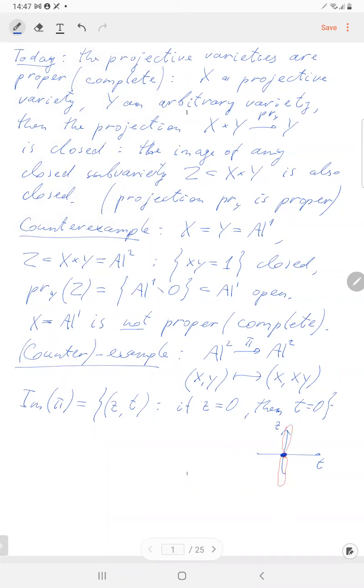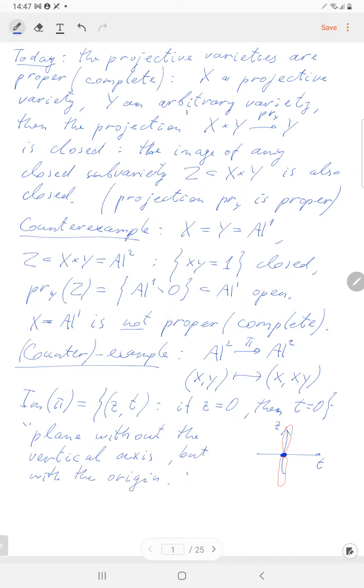So how to say it? It's a plane without the vertical axis, but with the origin.